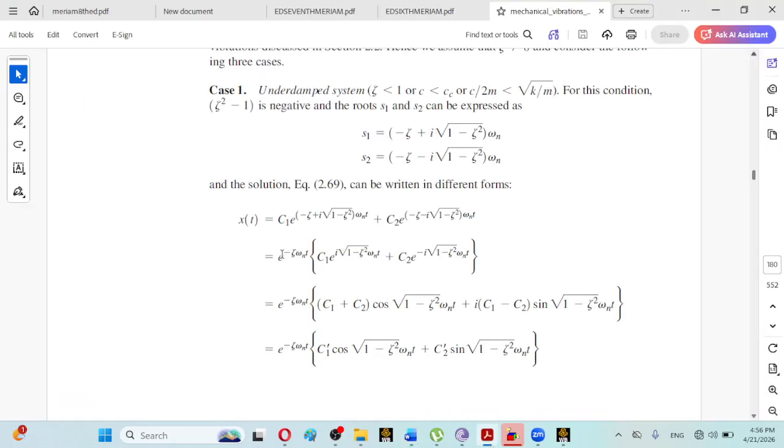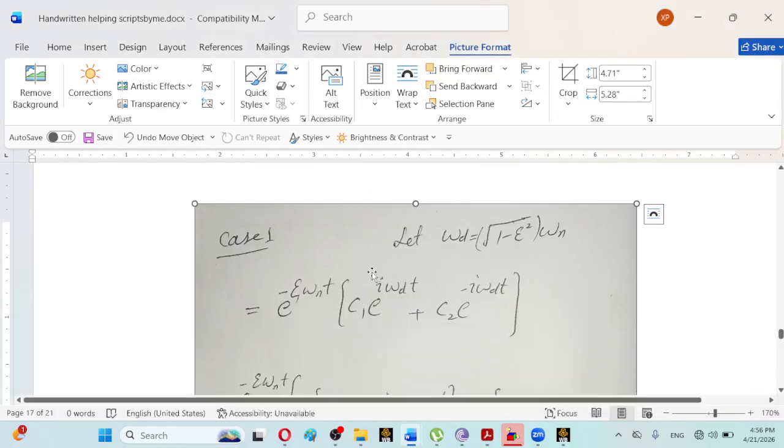It starts like this: e power minus damping factor into omega n t, and here C1 e power iota omega d t and C2. Remember, this is omega subscript d, not a product; like omega subscript n, this is omega subscript d.